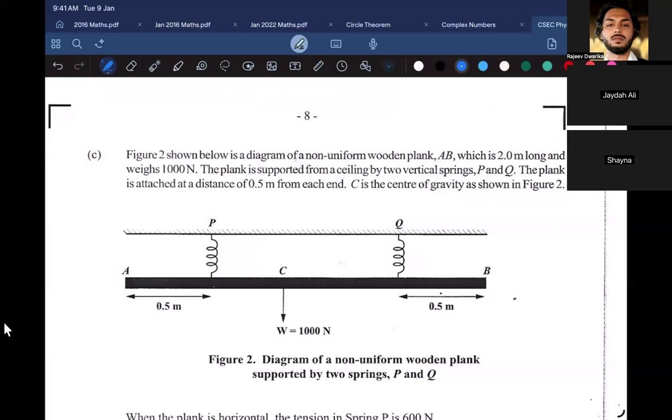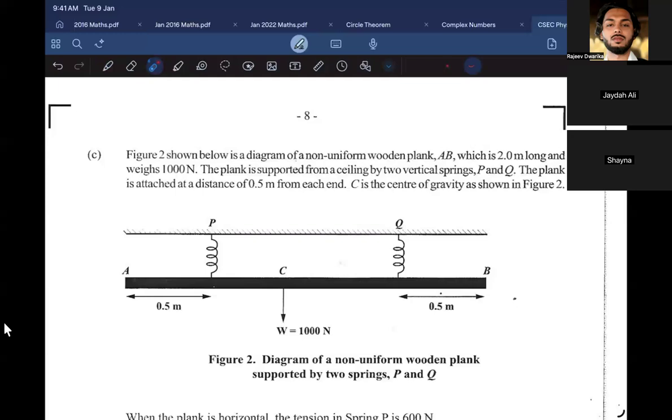The plank is non-uniform. And if something is non-uniform, do you think the center of gravity would be in the center of the object? No. And you could see that the center of gravity is actually not at the center. Yes, that's because it's non-uniform. And this is actually a very nice question because in most questions you would typically see a uniform plank, right? So continue.